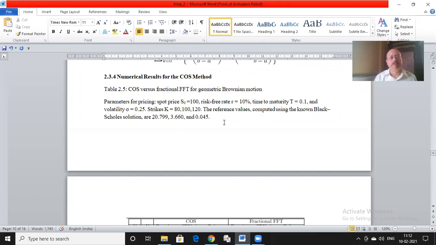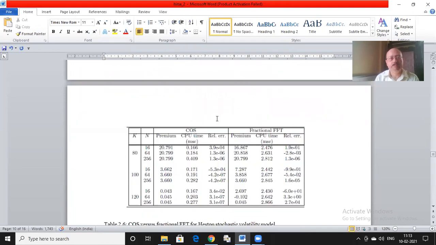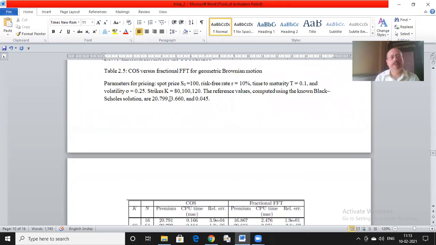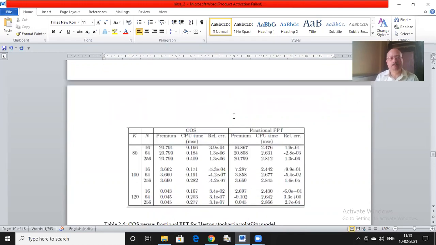The reference values computed from the theoretical Black-Scholes solution are already known to us. So these 20.799, 3.66, and 0.045 are absolutely correct values. So we can also compare with respect to this absolute benchmark.